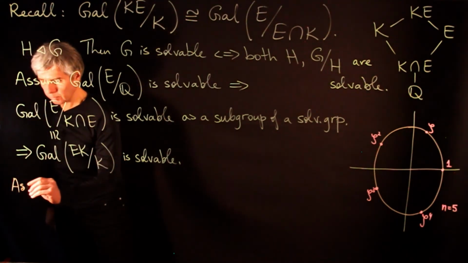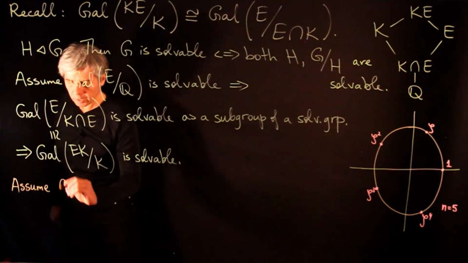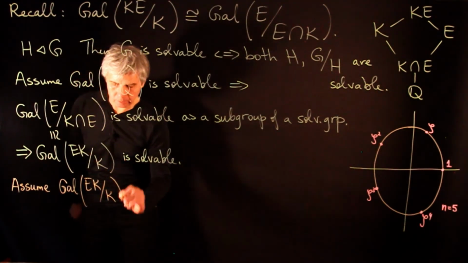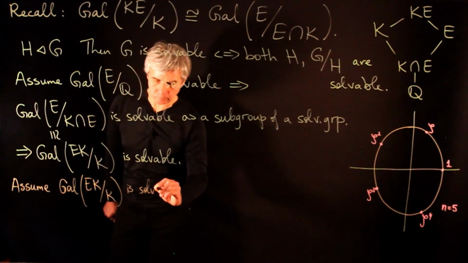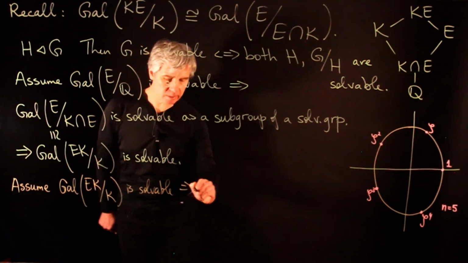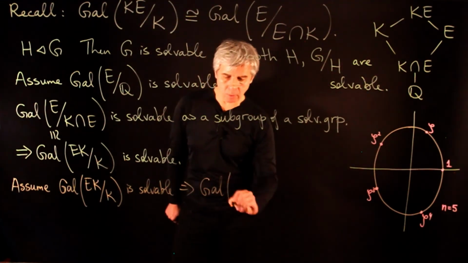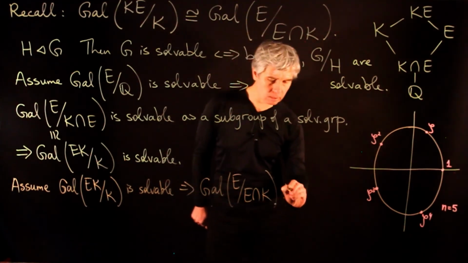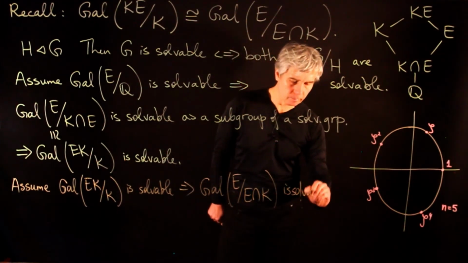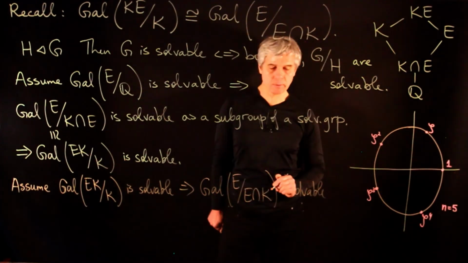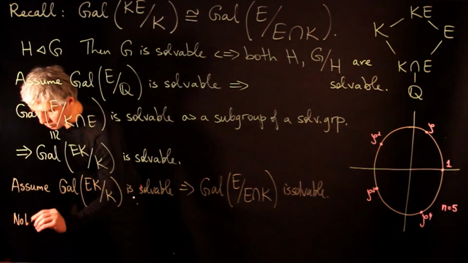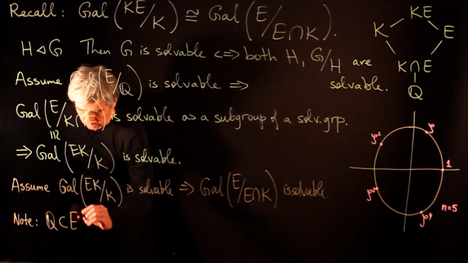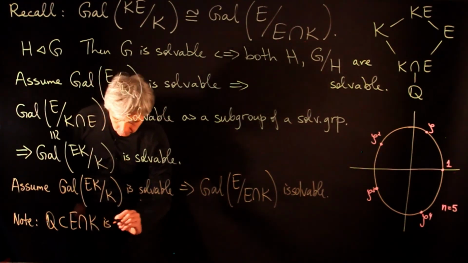Now let's assume that the Galois group of EK over K is solvable. This tells us that the Galois group of E over the intersection E with K is solvable, since these two groups are isomorphic. Then we note that the extension E intersected with K is normal.